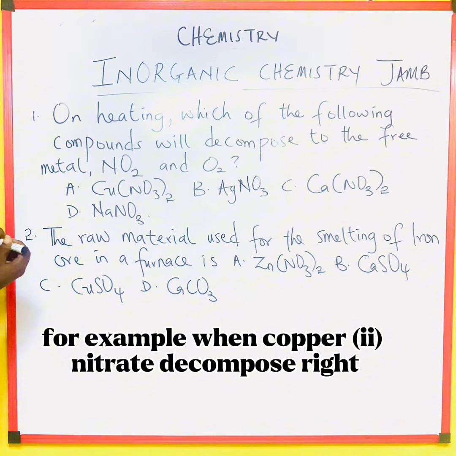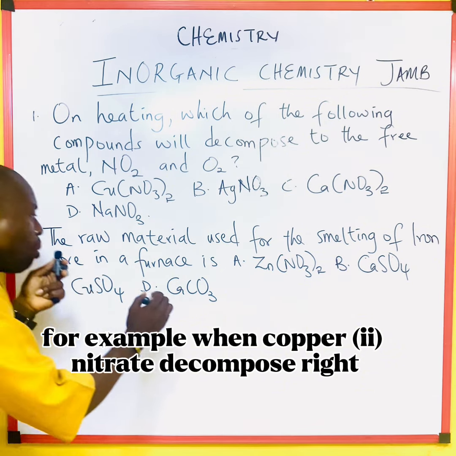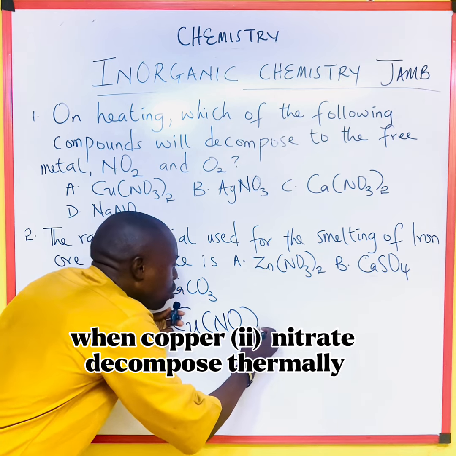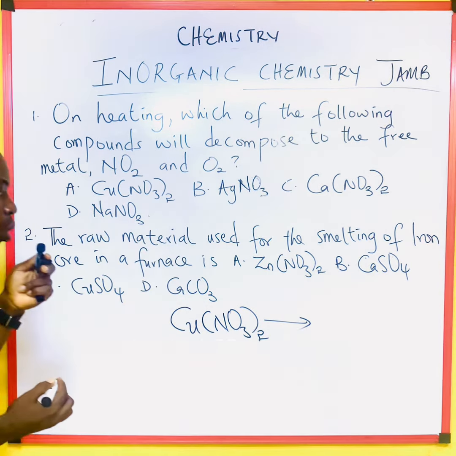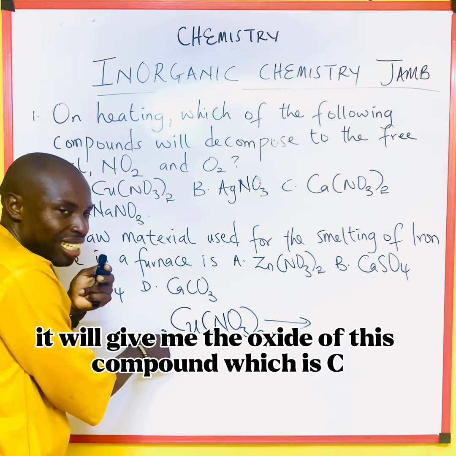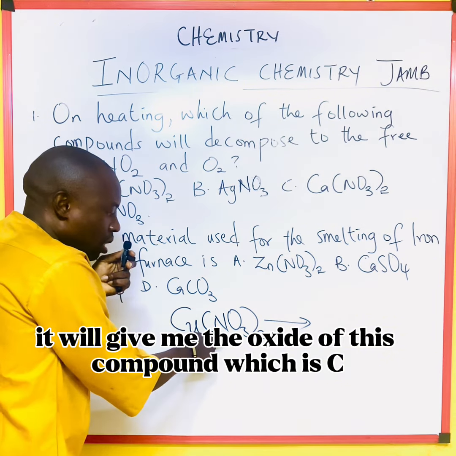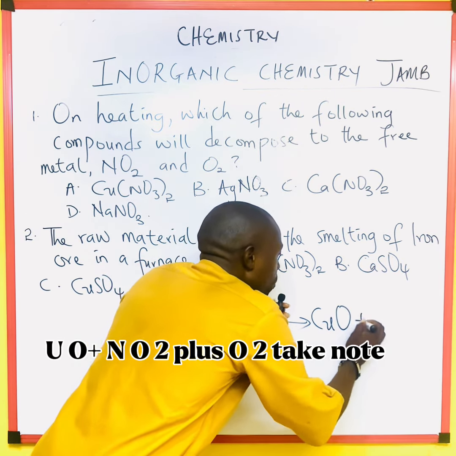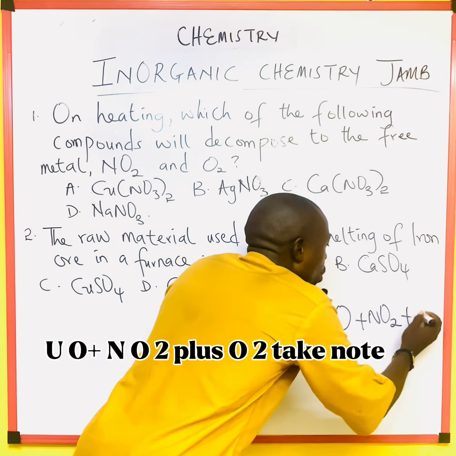For example, when copper 2 nitrate decomposes thermally, what will happen? It will give me the oxide of this compound, which is CuO, plus NO2 plus O2.